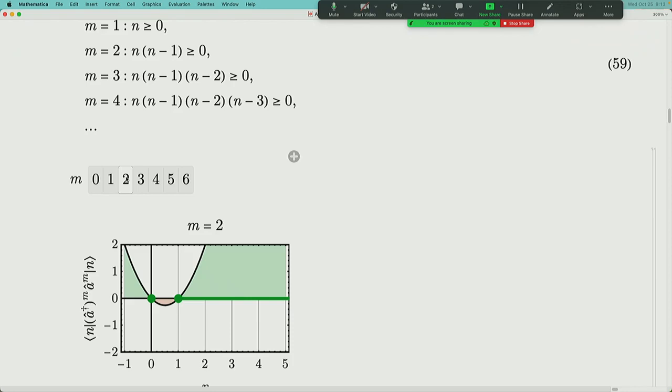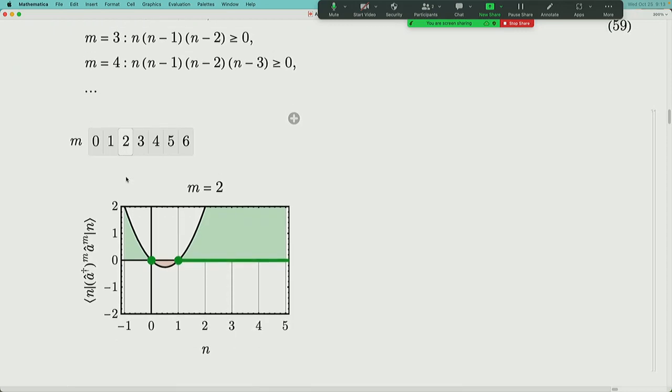One root is n equals 0. The other root is at n equals 1, which are these 2 points. If you want to pass through these 2 points on the real axis, the only quadratic function you can draw looks like that. And by saying this must be greater or equal than 0, the feasible region corresponds to the green regions here.